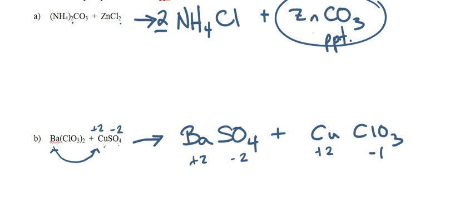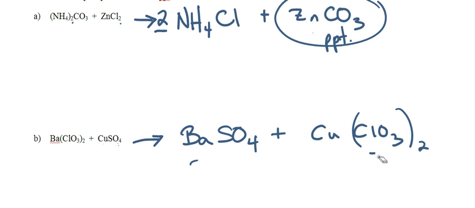You'll memorize that again. All right, so +2 -1, that means I need a parentheses and a 2. I did not bring the parentheses and a 2 over because it's here. Okay, I brought it over because I needed it. The metals just so happen to have a +2 charge on both sides here. All right.